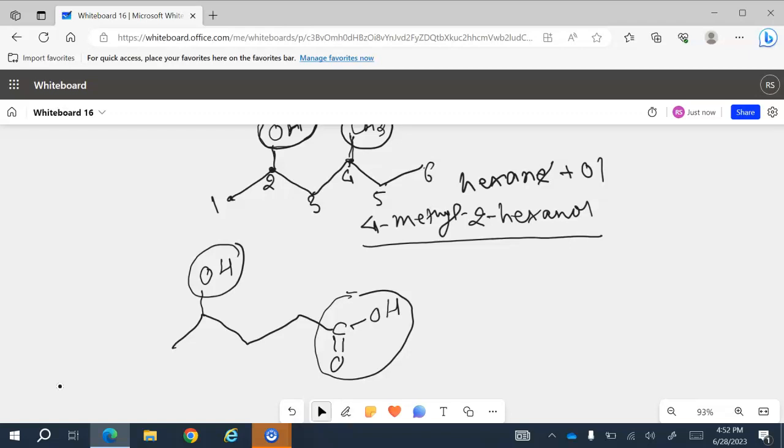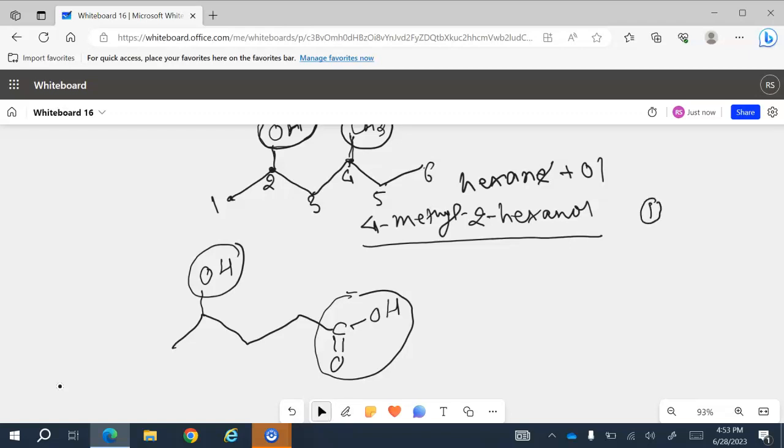Now in this case there are two functional groups, so the question comes: which one should we give the priority to? So that is when there is a sequence for the priority of the functional groups, and I strongly encourage you to memorize this sequence.